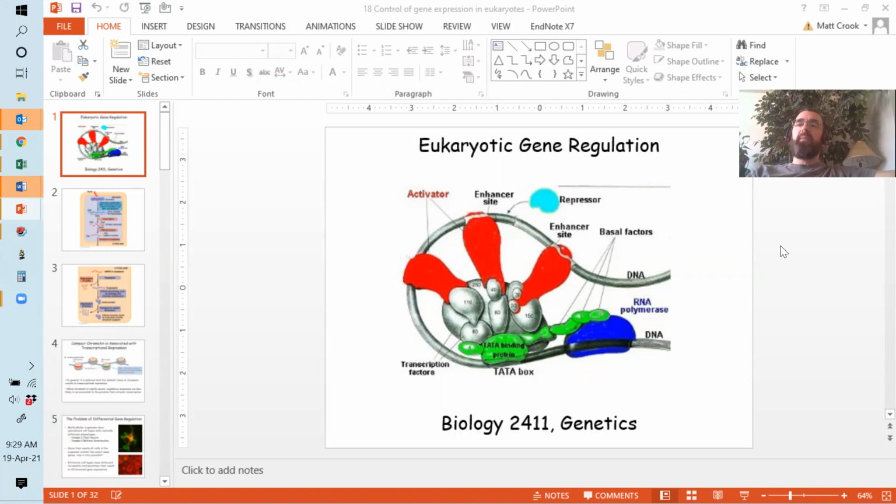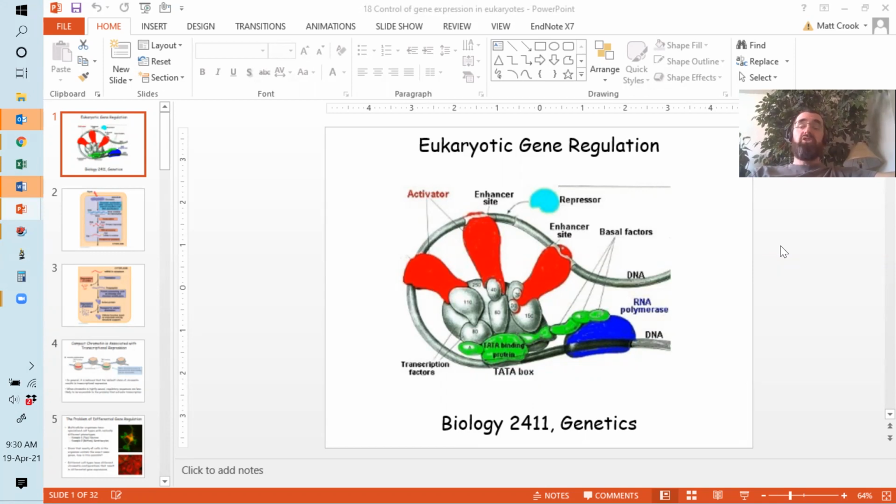Is translation automatic in eukaryotes? Does it just happen if an mRNA is present? Or is there other stuff around which has to promote translation? Think about the process of translation.